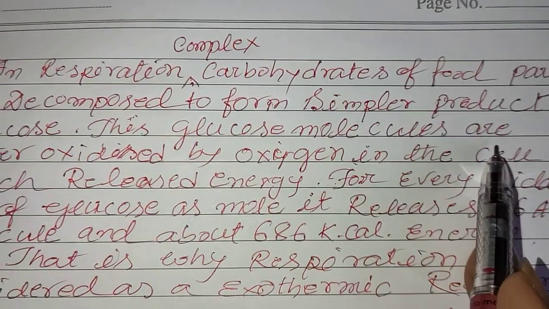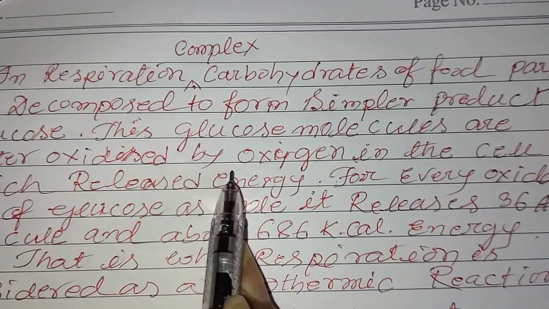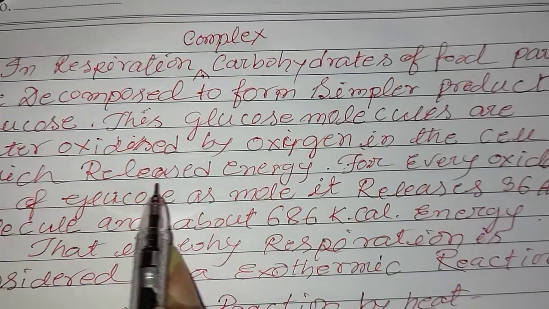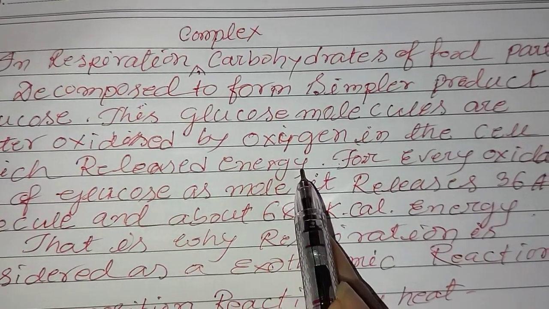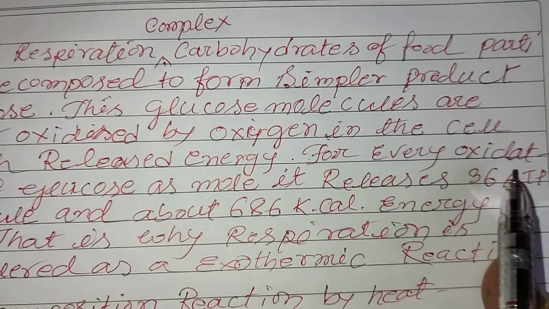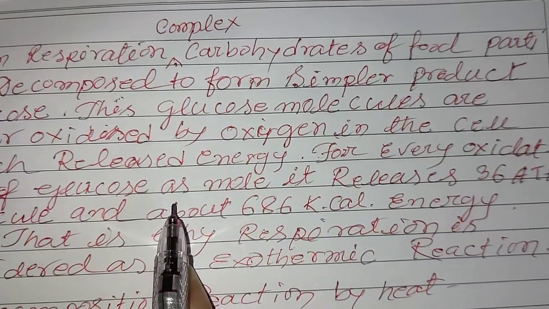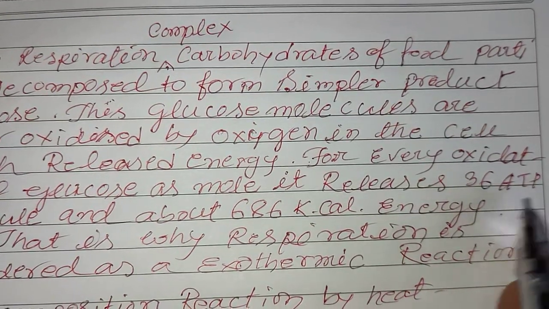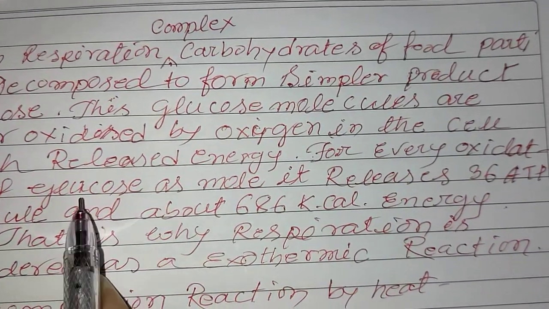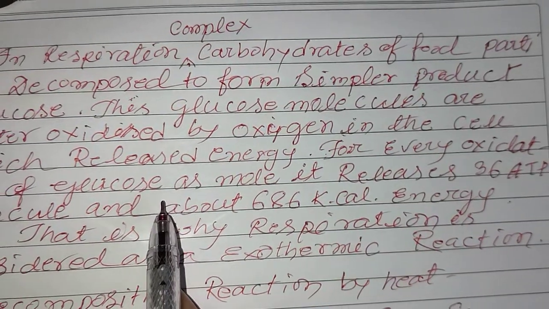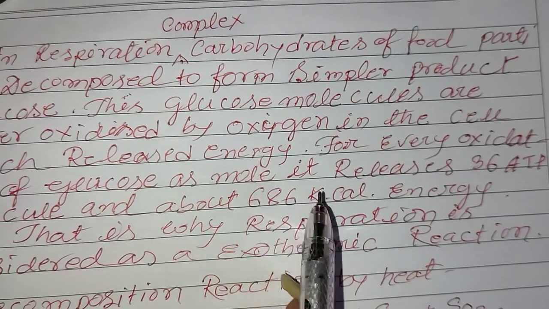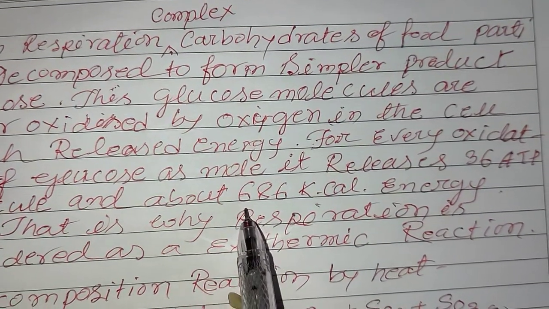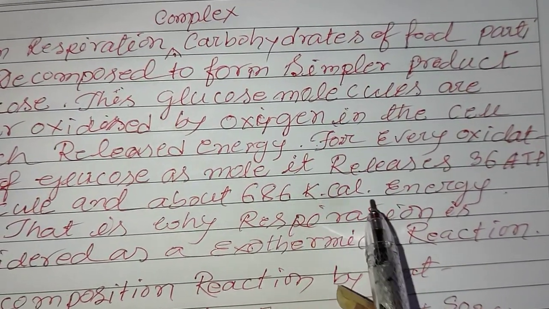These glucose molecules are later oxidized by oxygen in the cell, in which it releases energy. For every mole of glucose oxidized, it releases about 36 ATP molecules, that is, for per mole of glucose in oxidation we get 36 ATP molecules and about 686 kilocalorie energy.